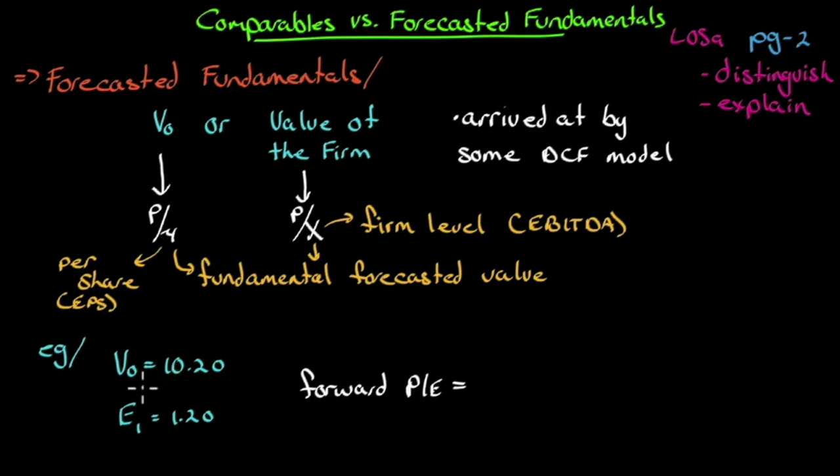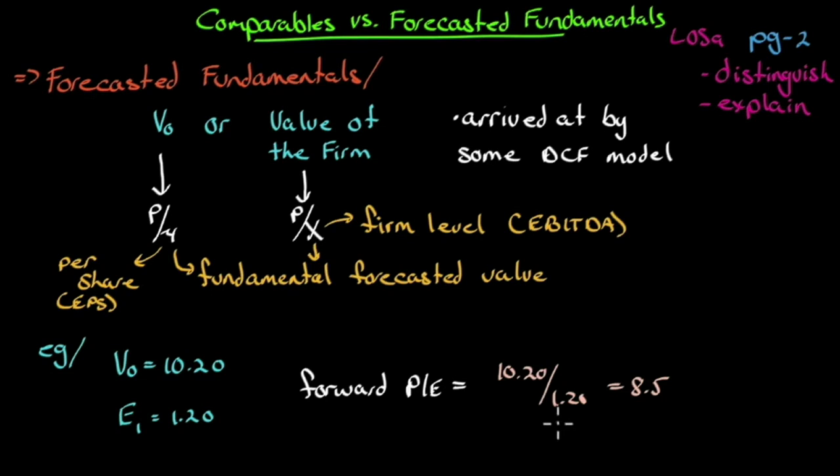Let's say that we arrive at an intrinsic value of $10.20 and we forecast our earnings to be $1.20 out. What is the forward PE that is justified by these fundamentals? We will get $10.20 over $1.20 equals 8.5. This is just to give you a rough idea in your head what we're talking about. The denominator is some fundamental value.